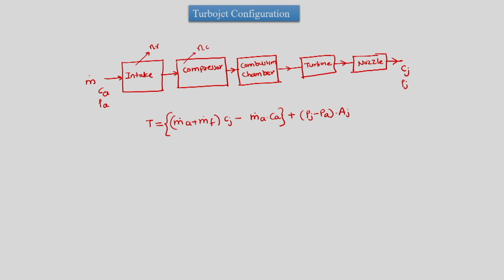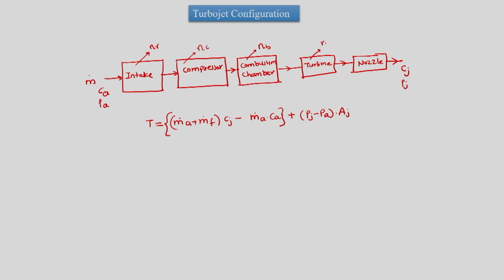Then there is compressor efficiency, which tells us that the compression in the compressor is not isentropic. There is combustion chamber efficiency or burner efficiency, it does not release the complete chemical energy of the fuel, but some energy is lost. Then there is turbine efficiency, which tells us that the process is not completely isentropic in the turbine, but it has certain losses.